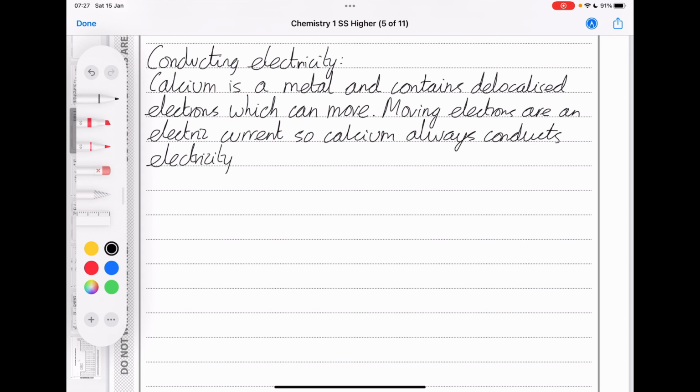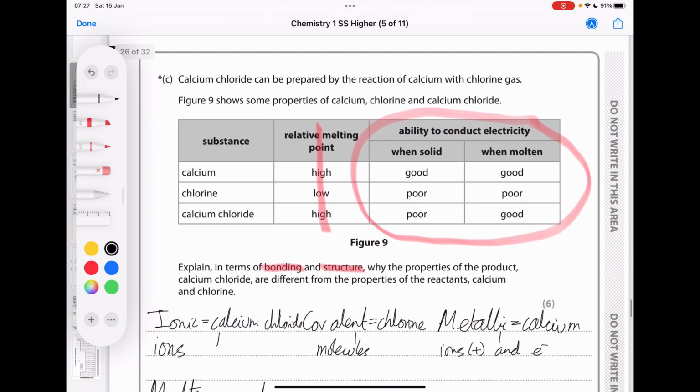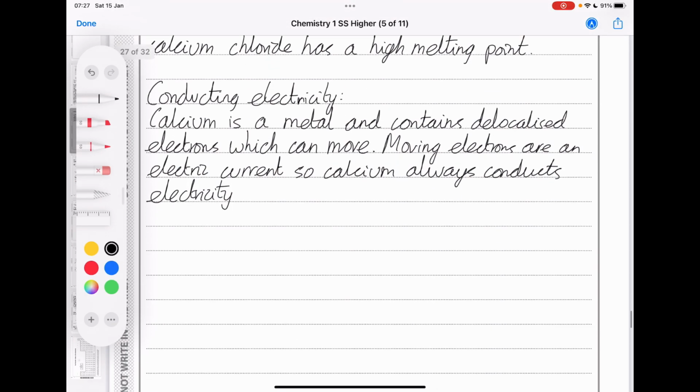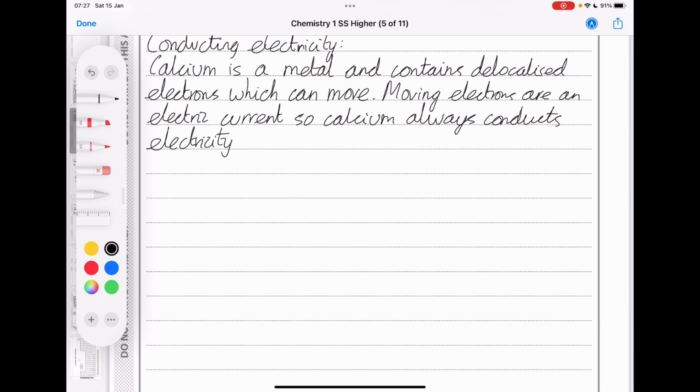And again, I should refer back to what they said in the question. They specifically said when solid and when molten. So I should specify here. So calcium always conducts electricity when solid and when molten or melted.